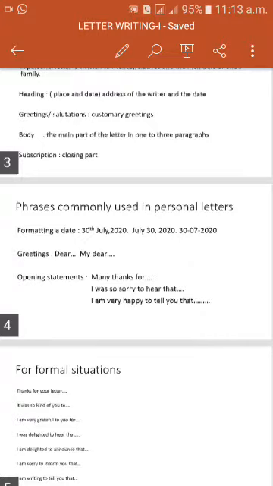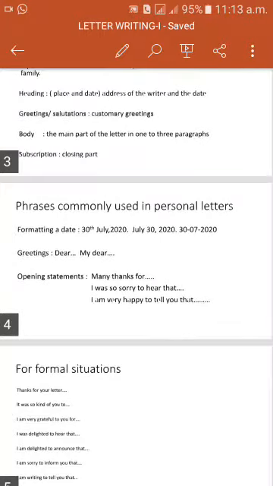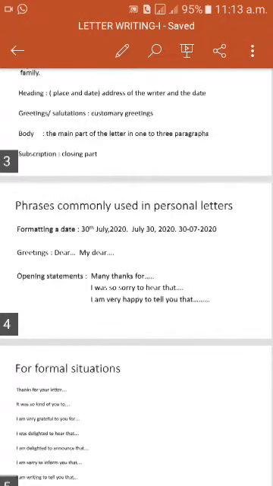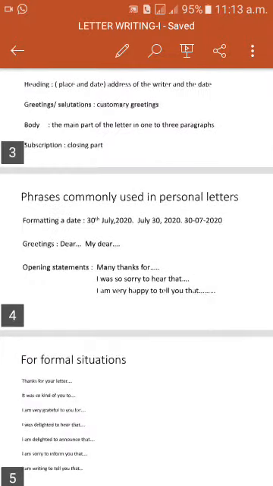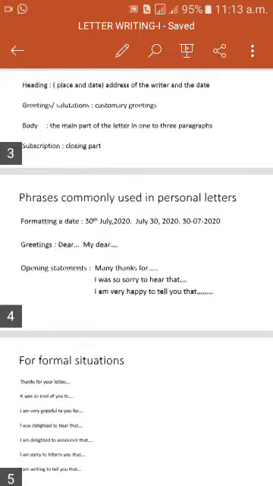Body, the main part of the letter, the body of the letter can be from one paragraph to 3 paragraphs, 4 paragraphs. It depends upon the intention of writing the personal letter. The final is subscription, that is closure.